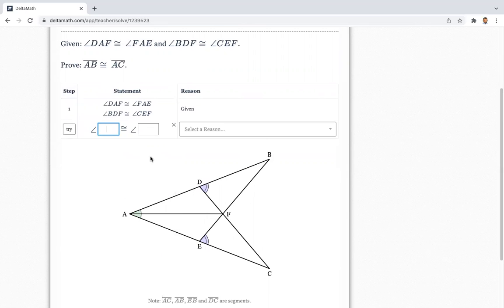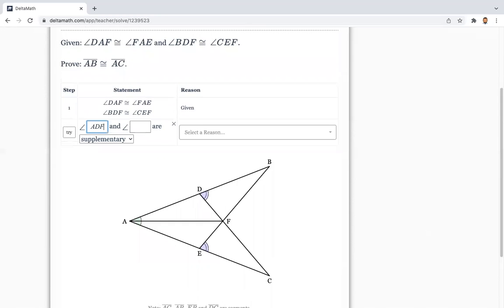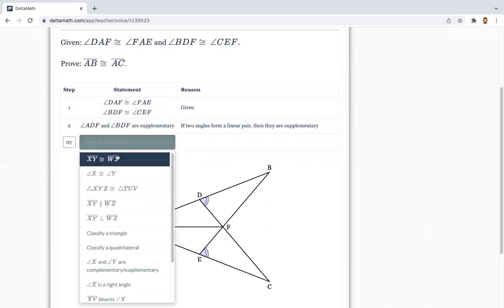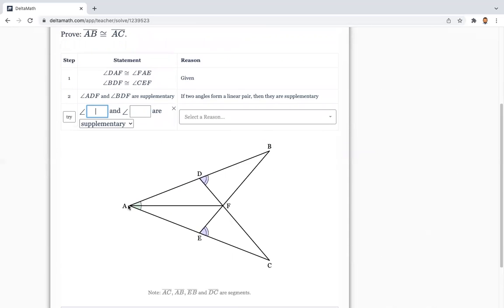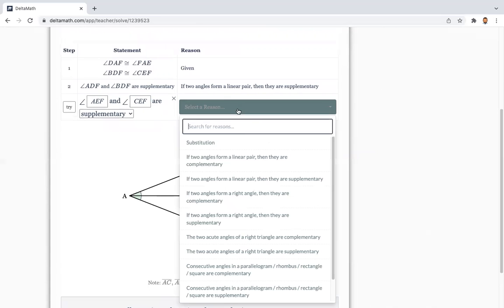So I can say, do the supplementary statements. So ADF and BDF are supplementary because they're linear pairs, I have to also say that about AEF and CEF. Supplementary.